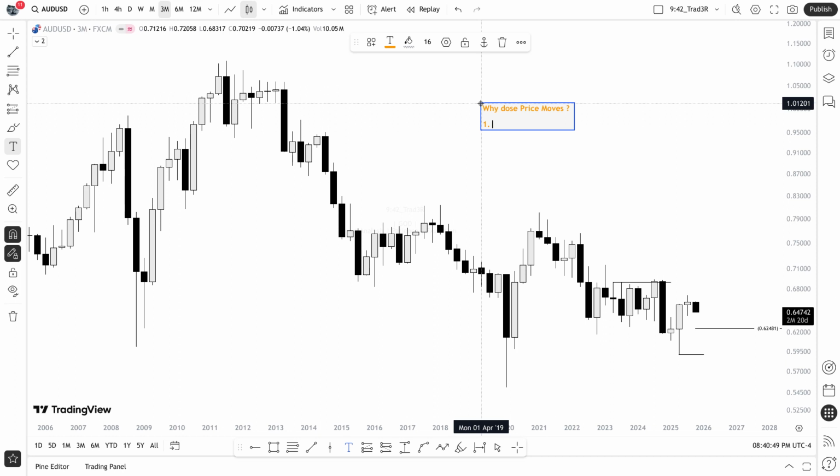Price moves because it wants to take out liquidity above old highs and below old lows. So that's reason number one.